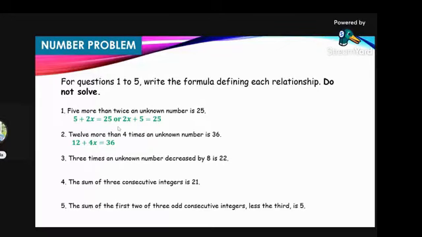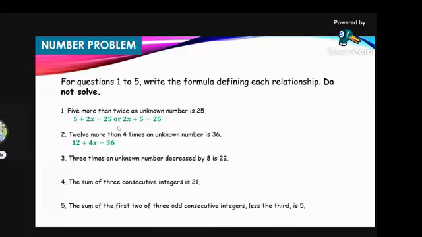So that means we already know how to translate mathematical statements into mathematical expressions. Let's have number 3. 3 times an unknown number decreased by 8 is 22. Ma'am Shinri: 3x minus 8 is equal to 22.